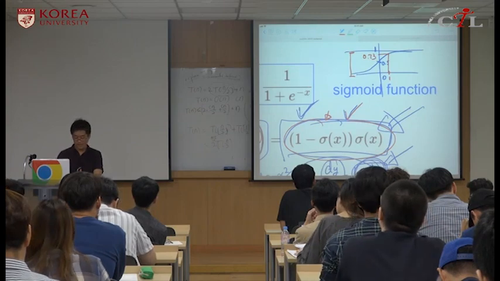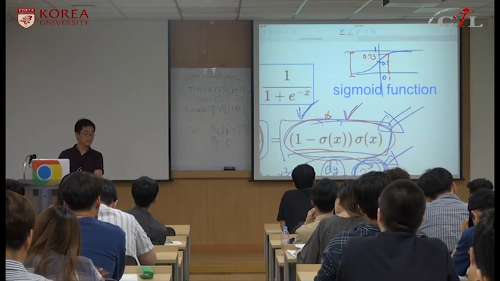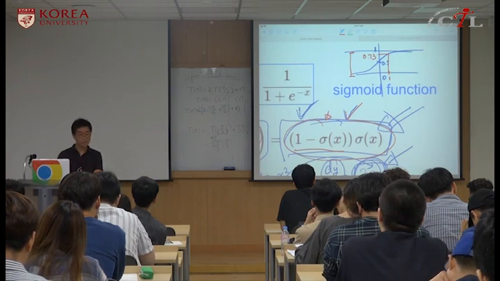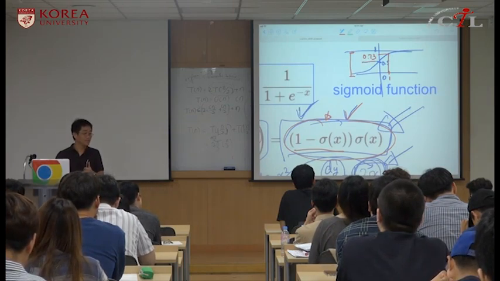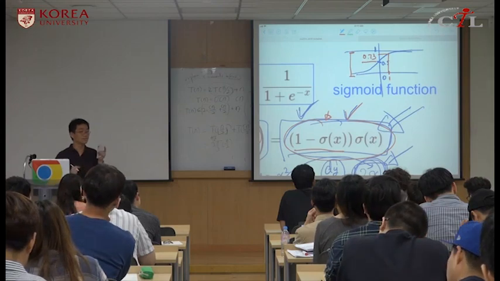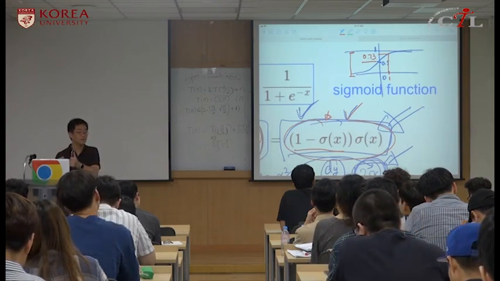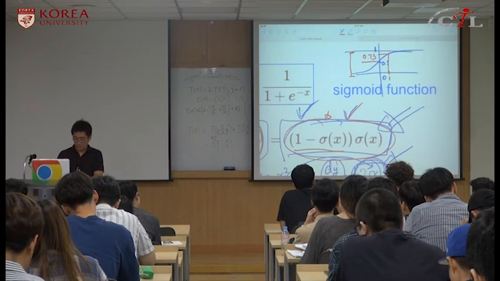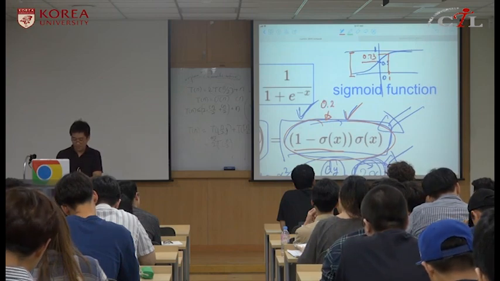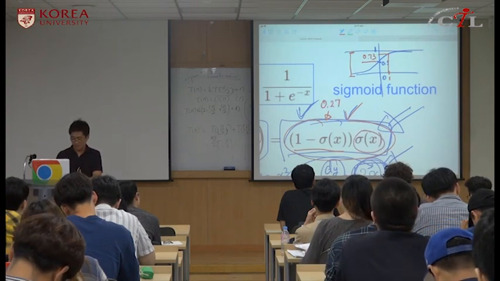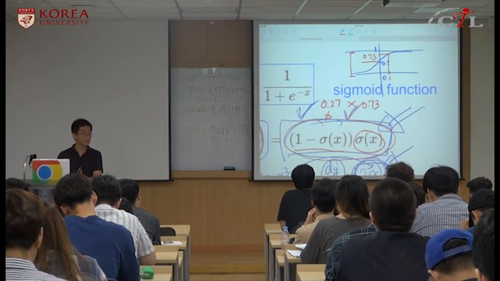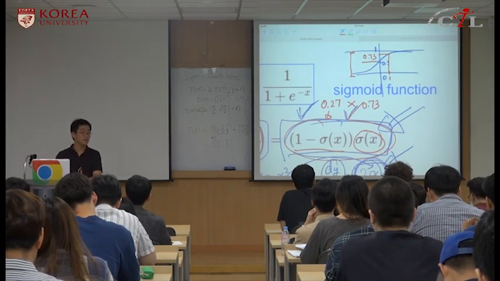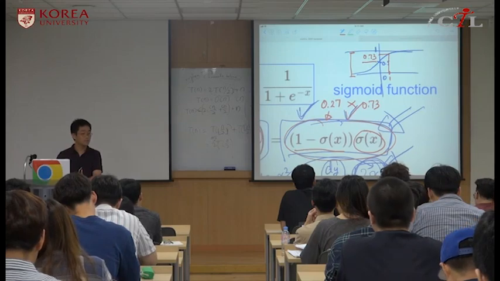The first term is 1 minus the sigmoid output, which is 0.73. Here again we are using the y value instead of an x value in order to compute the same gradient. So this value is 0.27 and this value is 0.73, right? We just multiply these two, and this value will give you the gradient.